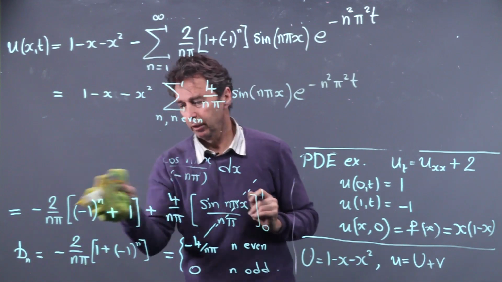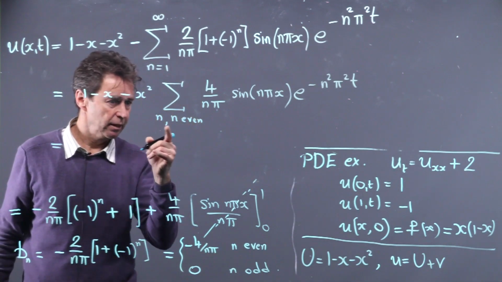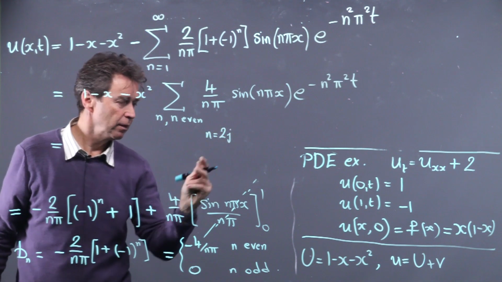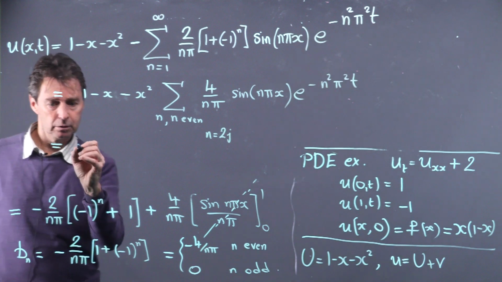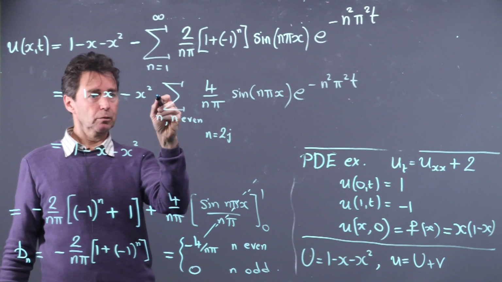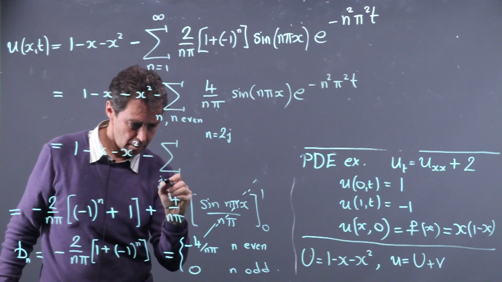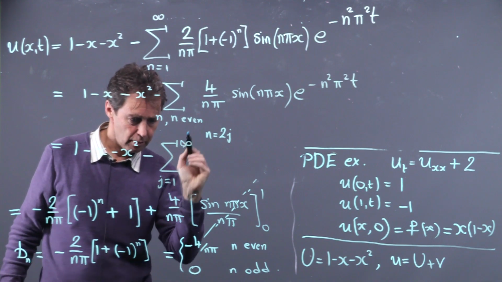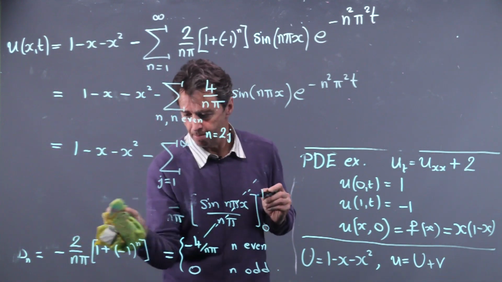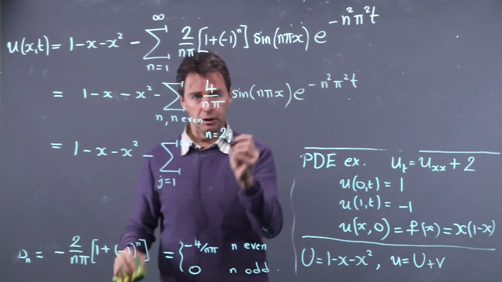Alternatively, I could write that as a proper sum over a bunch of integers by saying that, well, to guarantee that I have n even here, I could just put n is equal to twice j and let j run over all integers. Oops, I forgot my minus sign there. So it's a sum now, a normal sum over j from 1 to infinity. And wherever I see an n, I'm just going to put 2j now.